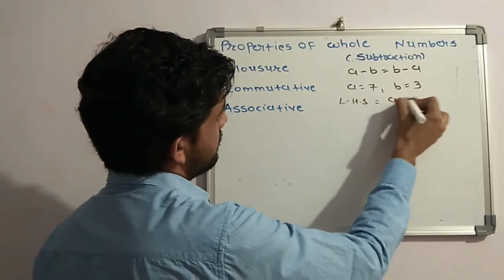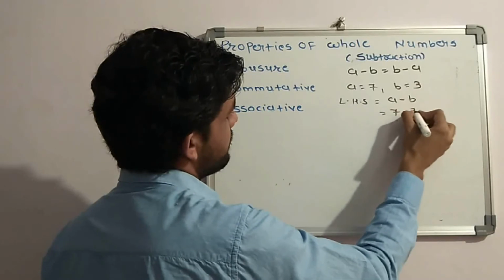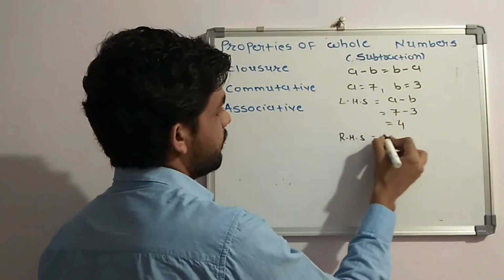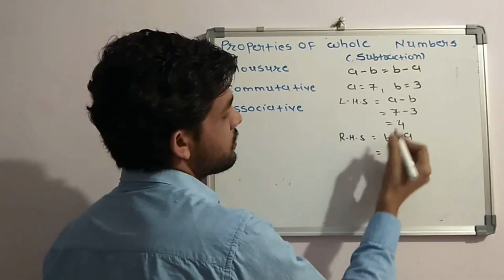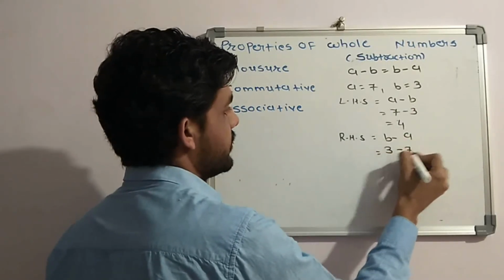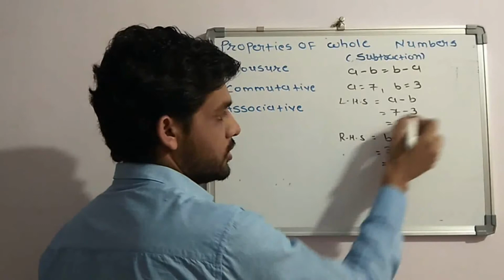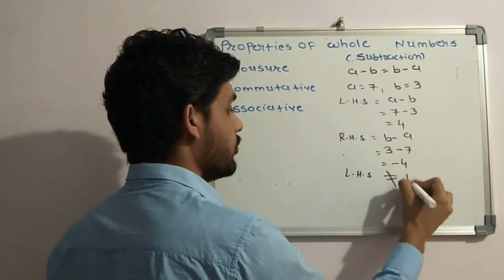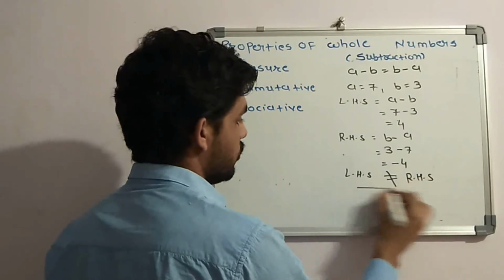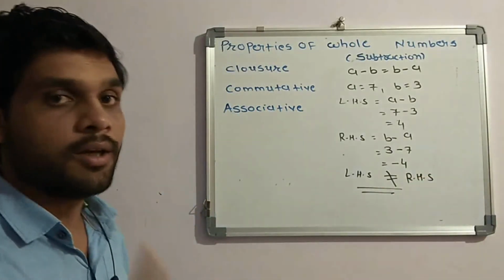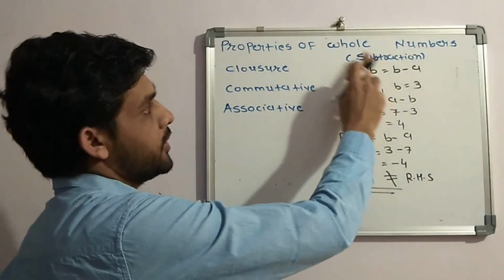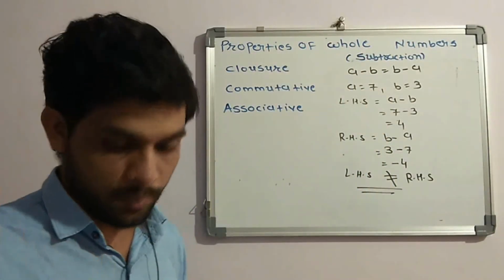A minus b, that means 7 minus 3, that gets 4. But the right hand side is b minus a, that means 3 minus 7, which gets minus 4, which is not similar to what we got. Left hand side does not equal the right hand side. So from this we can say that the commutative property is not closed under subtraction for whole numbers.